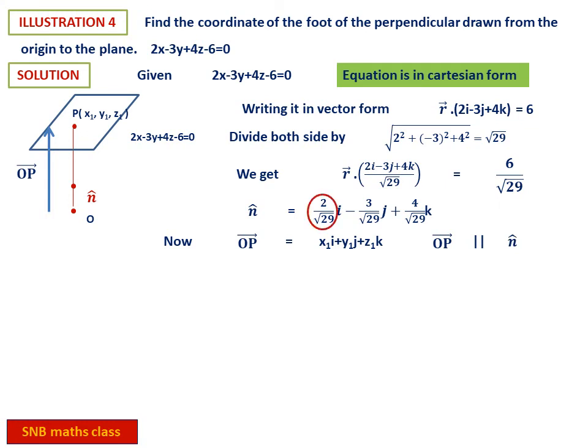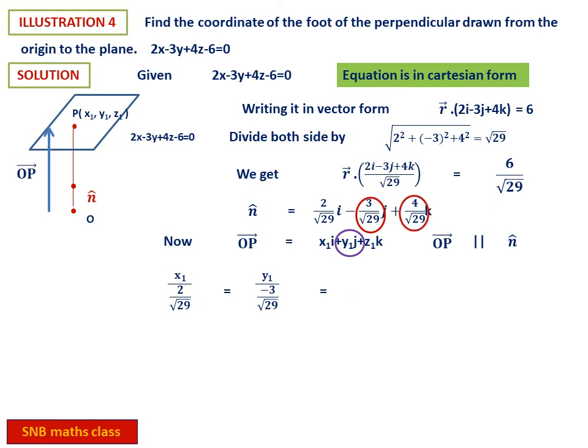So now you have to use one concept. The direction cosine of n is 2 by root 29, and the direction ratio of the OP vector is x1. Therefore, x1 by 2 by root 29 must be proportional. The direction cosine of n cap, that is minus 3 by root 29, the j component, and the j component of OP is y1, so they are also proportional.